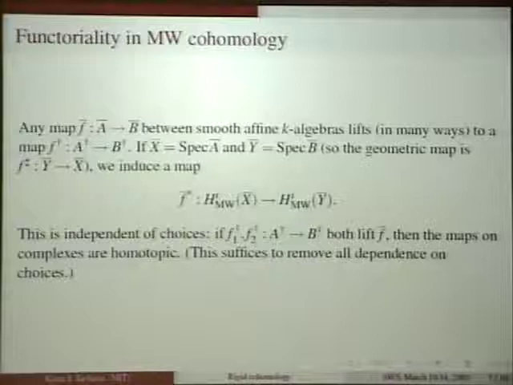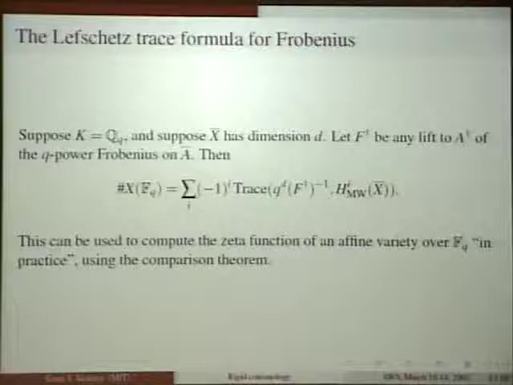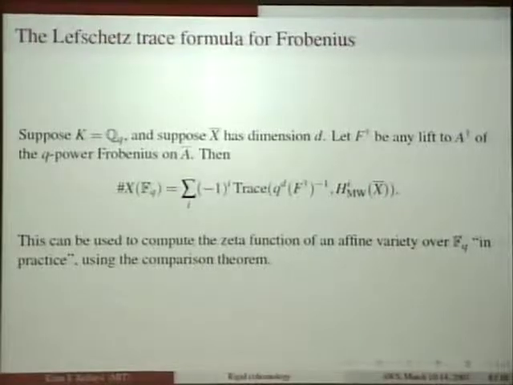Okay, so yeah, you have a well-defined theory. Now what are you going to do with it? Here's what you do with it, and this is due to Monsky. Now I'm going to specialize to the case where my residue field is finite. So K is my unramified extension of Q_p. X bar, I have to assume, is of pure dimension d.